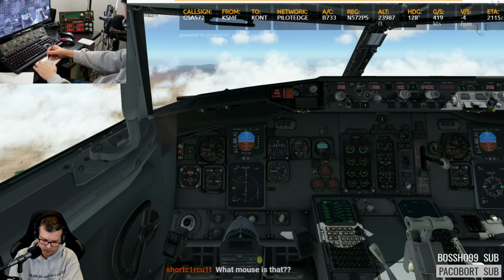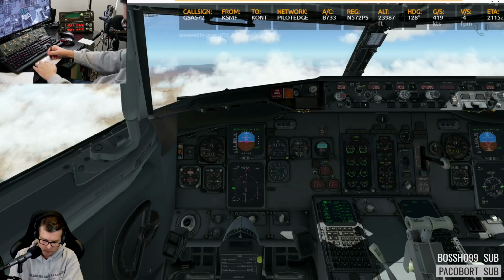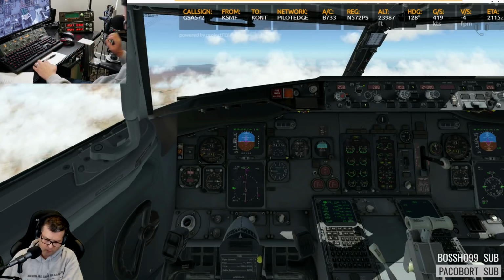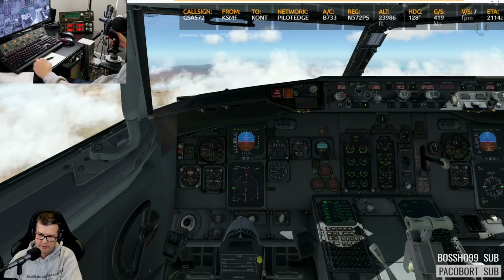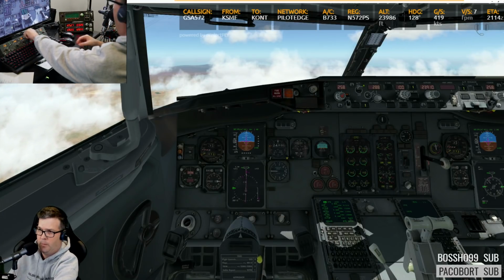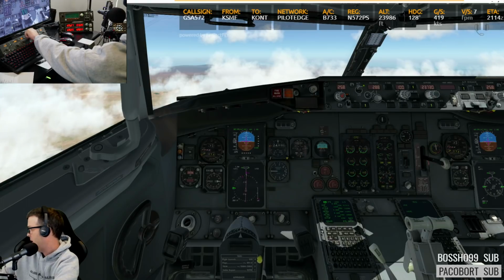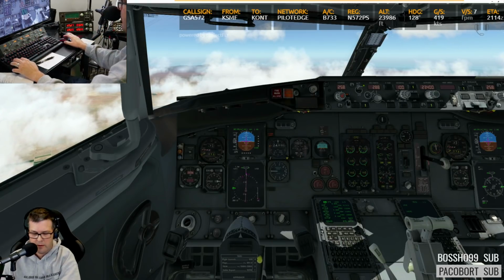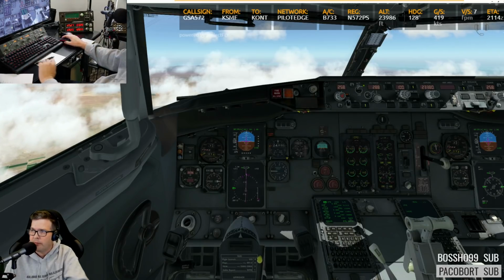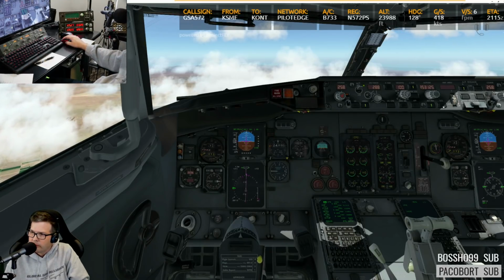Global 572, Los Angeles Center, cross High Top and maintain 13,000. Ontario altimeter 2989, correction 2987. Cross High Top and maintain 13,000, Global 572. All right, High Top. All right, set altitude 13,000.